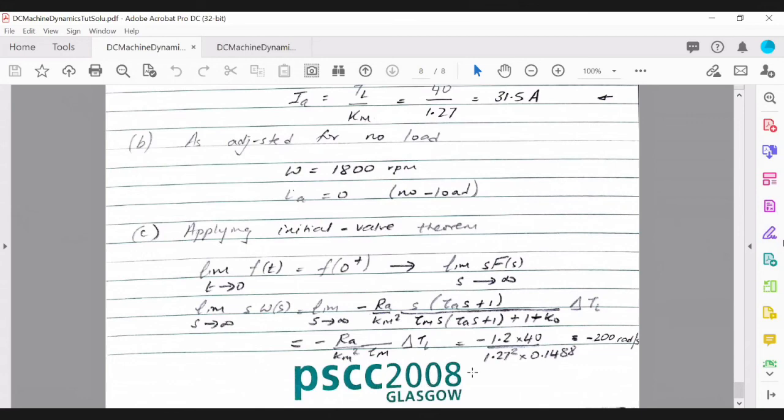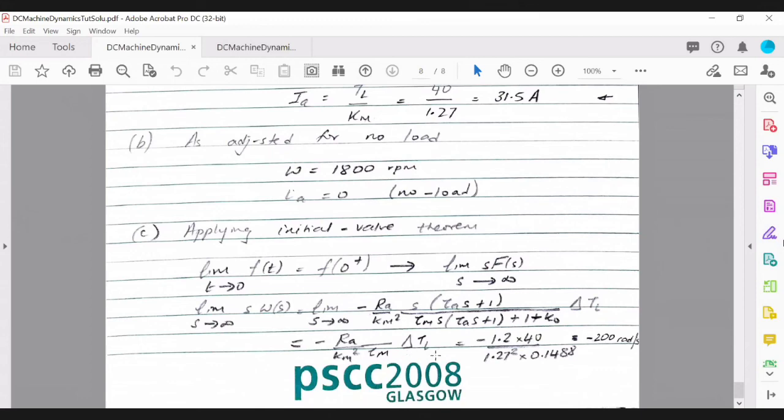So this expression for s omega(s) is given by this expression from your notes, right? And now when you apply this initial value theorem here, you end up with a simplified equation, which is minus R times A over Km squared tau m times delta T. So it's just a matter of substituting the values that have been given in this question.